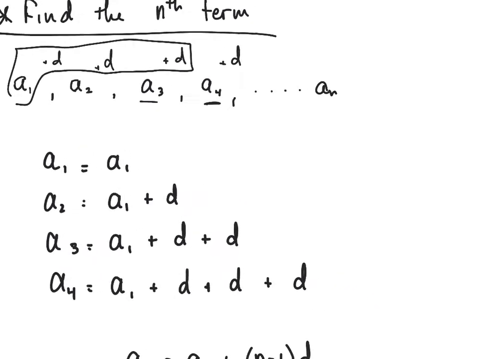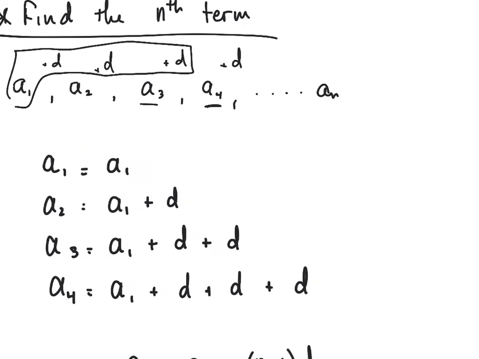What we're trying to establish here is a pattern. And we could say, just for the sake of completion, plus 0 d, since there isn't a d there. So now, what's an established pattern we can see?